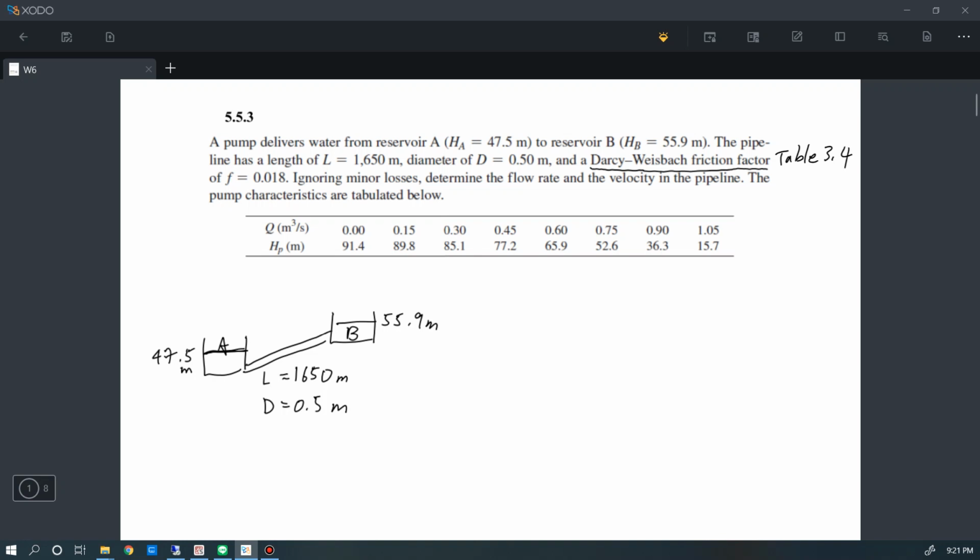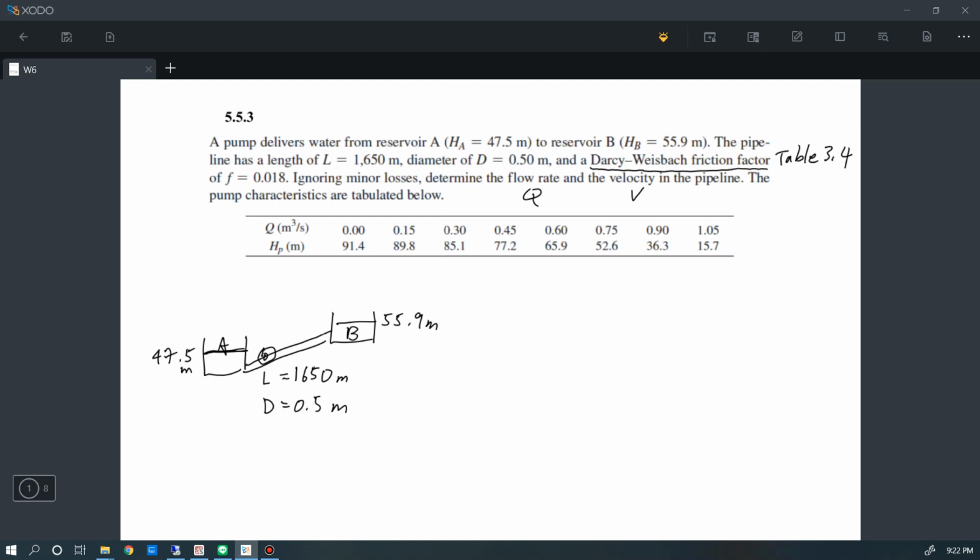So what the problem asks us is to determine the flow rate Q and the velocity V in the pipeline. We have a pump somewhere in this pipeline to pump the water from reservoir A to reservoir B, and if the flow rate is higher, then we will suffer higher friction head loss.